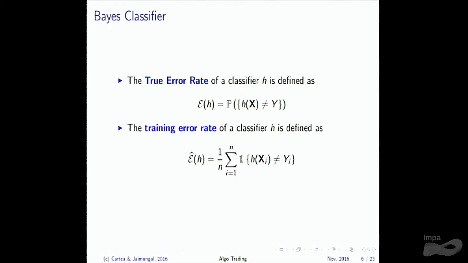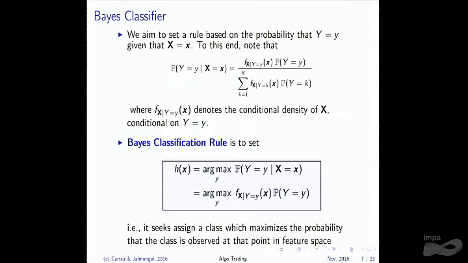That's the true error. Since you can't know that, instead you're simply going to try to minimize the training error, which sums up all the events in which your classifier misclassifies and then averages. This is our training error rate.